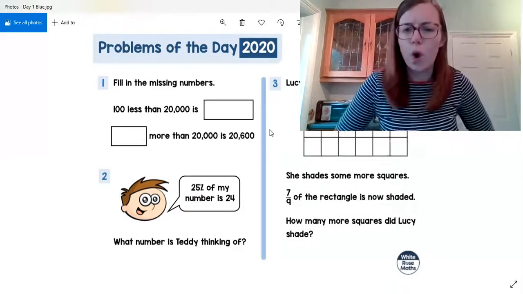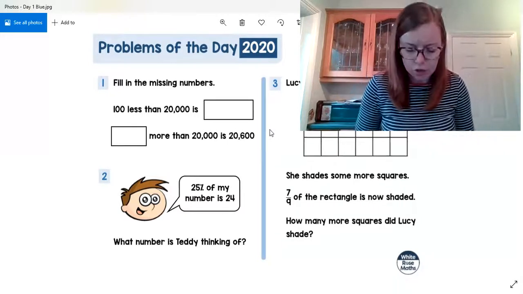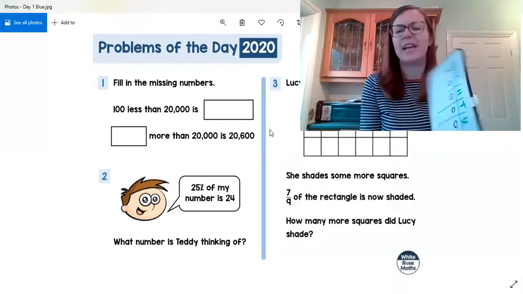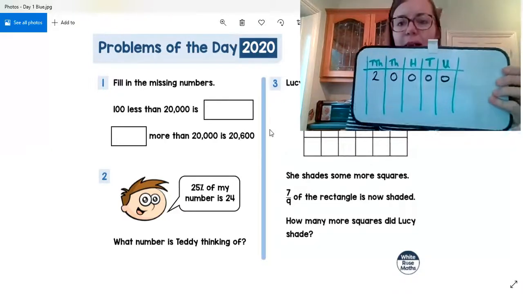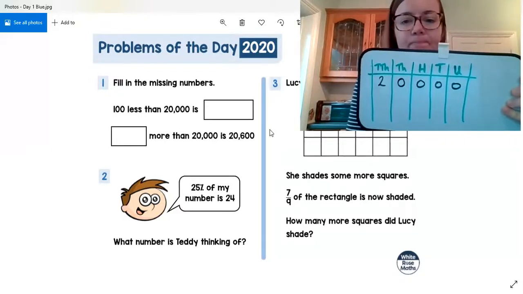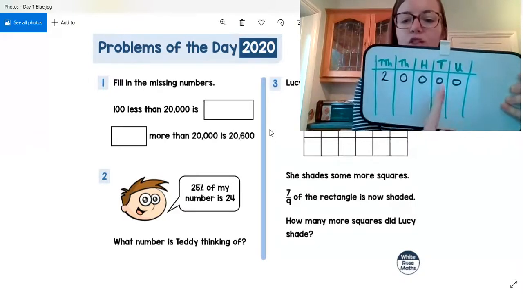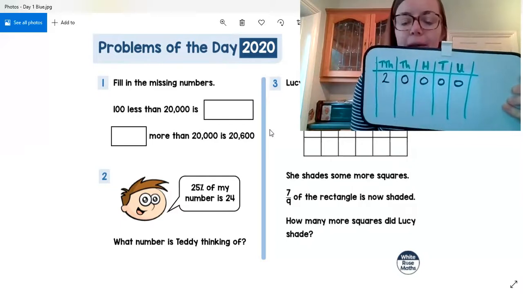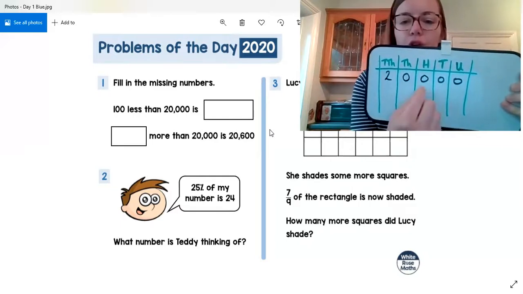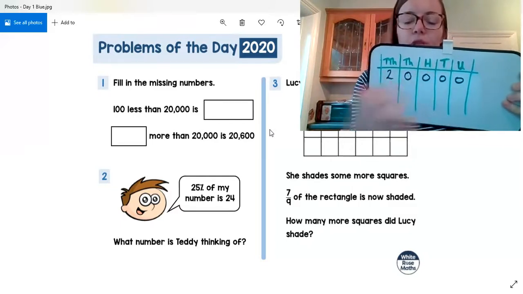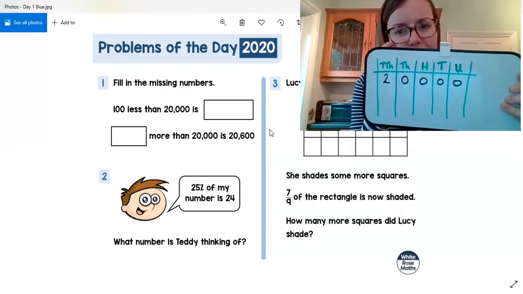Now I want to go 100 less. So it might look a bit tricky because we've got nothing in the hundreds column at the moment. But can you remember that each column is jumping up by 10? So what we could do is borrow some along to make it a bit easier.